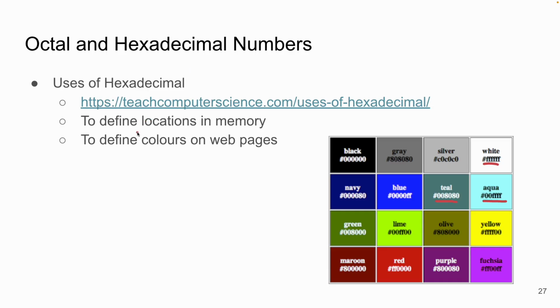And also the addresses and locations in computer memory are in hexadecimal format. So hexadecimal numbers are pretty useful in the world of computer science. So it is important to understand what a hexadecimal number is and how to calculate with it.